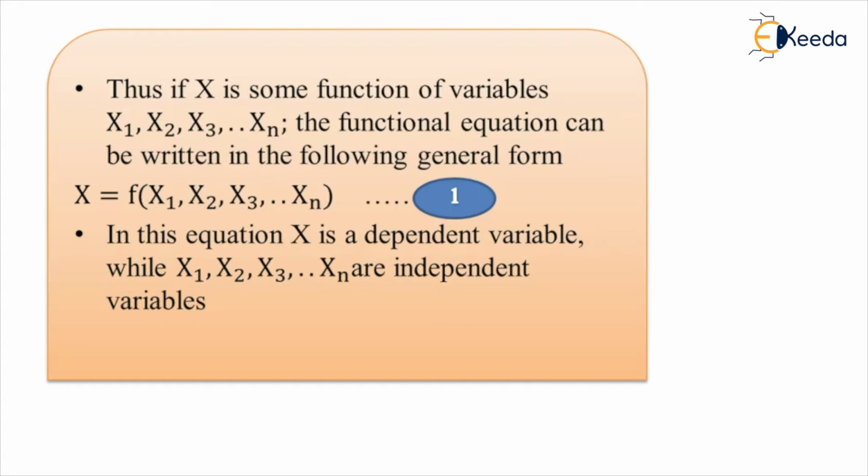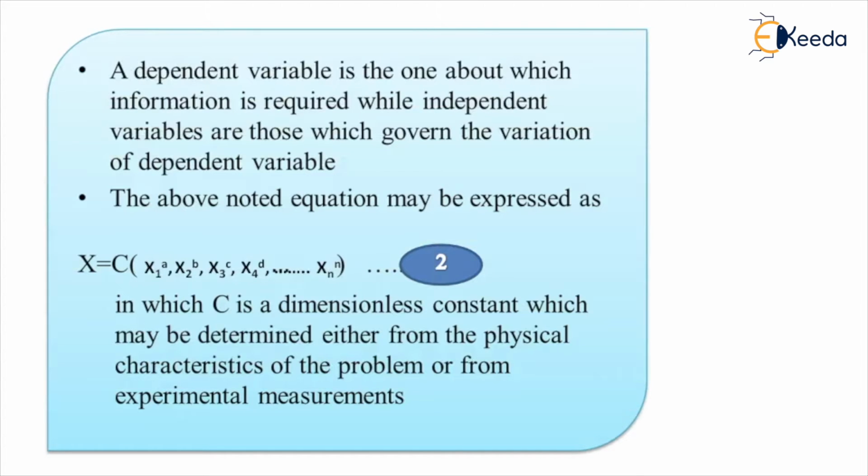In this equation, capital X is a dependent variable, while x1, x2, x3, ..., xn are the independent variables. A dependent variable is the one about which the information is required, while independent variables are those which govern the variation of dependent variables.